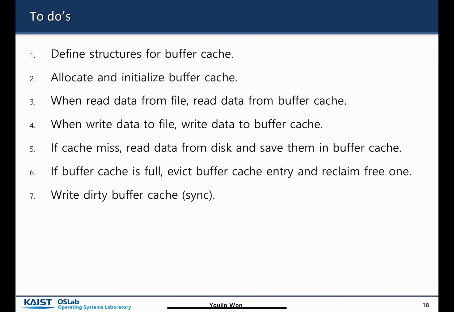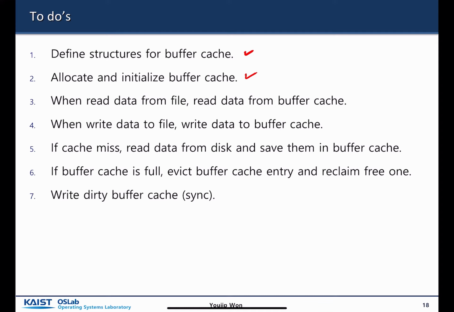So this is a list of things to do. The first thing, of course, is define the data structure for buffer cache. And then you have to write a routine to allocate and initialize the buffer cache. And then you modify read and write routine so that they utilize buffer cache in reading and writing the data.